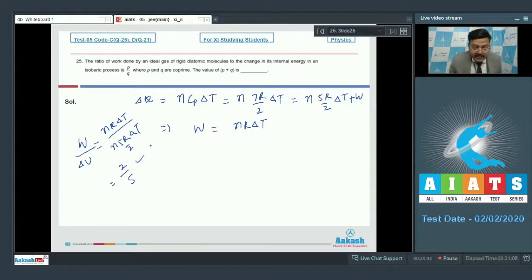Now the question says we have to find the ratio of work done by the ideal gas of rigid diatomic molecules to the change in its internal energy in an isobaric expansion is P by Q. That means 2 by 5 is equal to P by Q, and since P and Q are co-prime, that means the value of P is 2, the value of Q is 5, and so the value of P plus Q is simply 7. So answer to question 25 is 07.